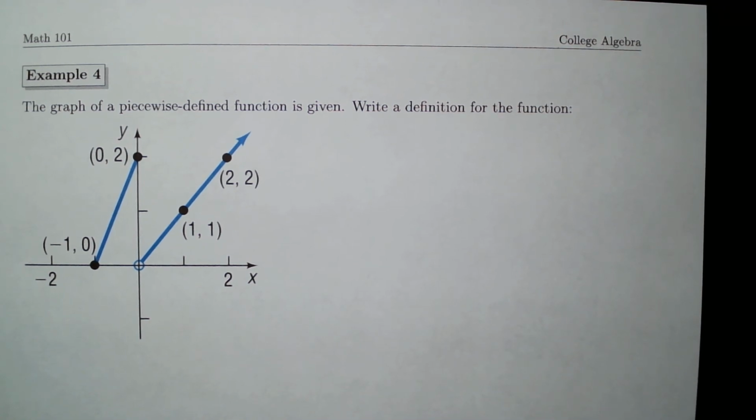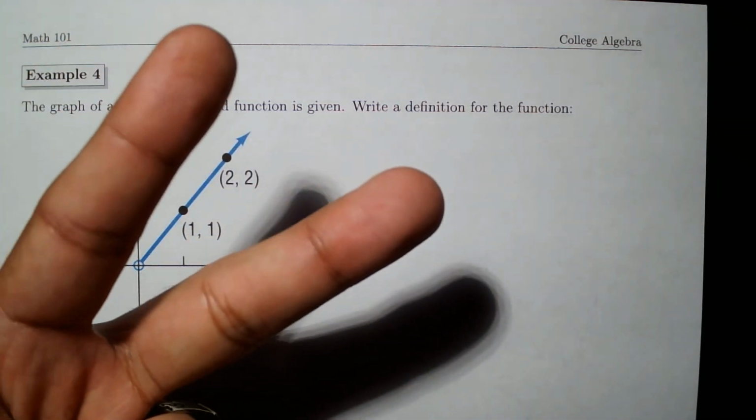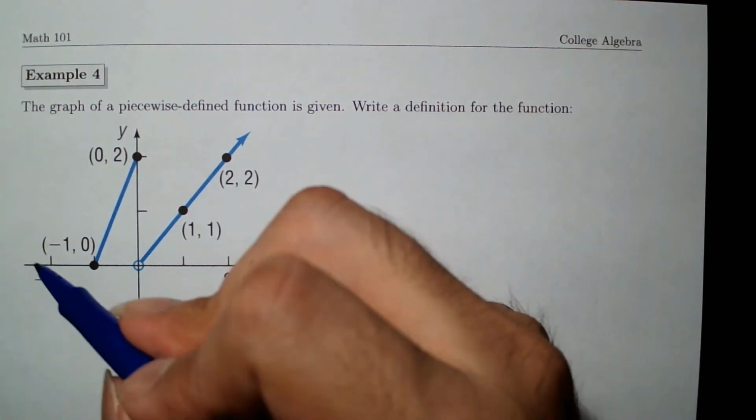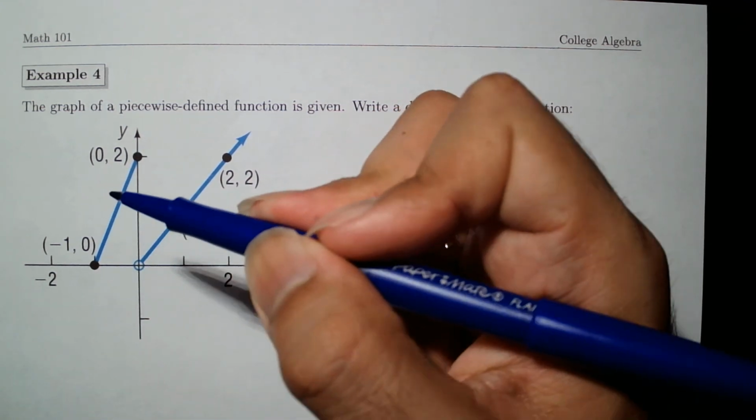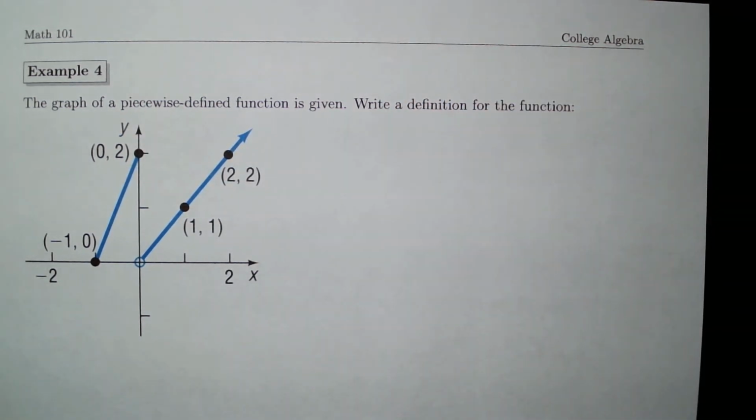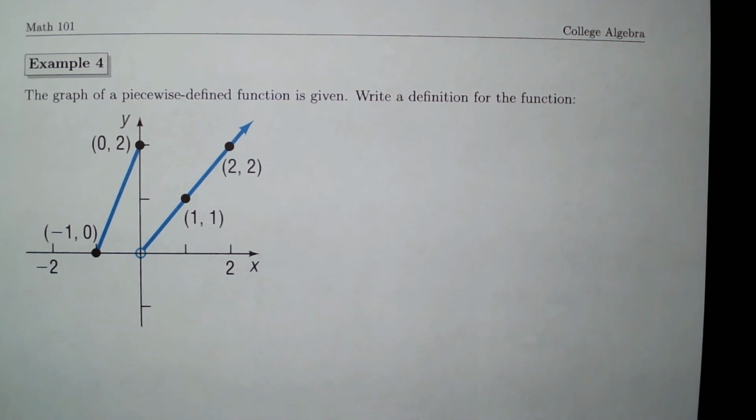Okay, let's recall what do we need to get the equations of two lines. We need two pieces of information. Number one, a point, and the other one, the slope. So two pieces of information, and in this case they're giving us 2 points. That's enough information to find the slopes.